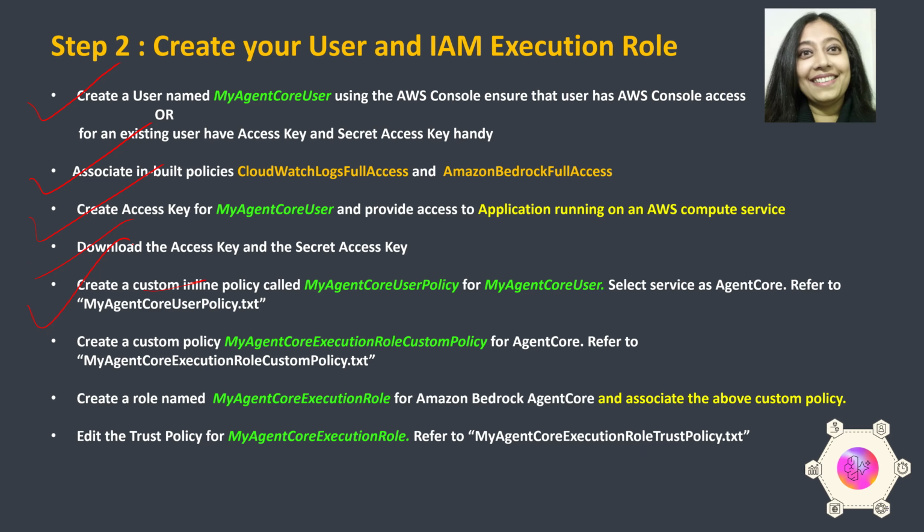This is that role. So first, let us create a custom policy for our role, and then we will associate this policy to our role and also set its trust policy. So step 1 is to create this custom policy.